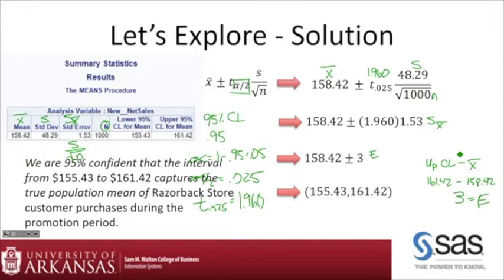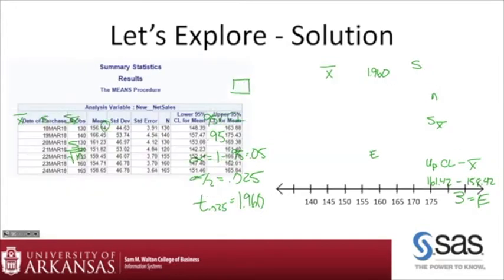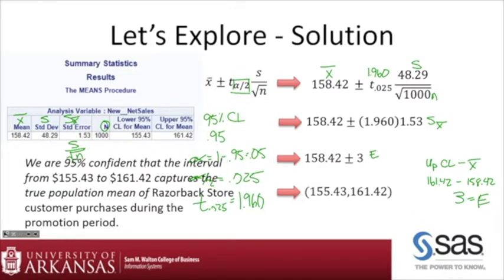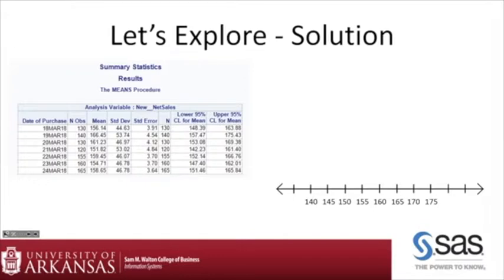So we've already said this, we're 95% confident that the interval from $155 to $161 captures that true population mean of our customer purchases during our promotion period. So we wanted to know overall, so we have an overall, but then we wanted to know by day. So if you just look at the means, and we have our point estimates, which day is the best?